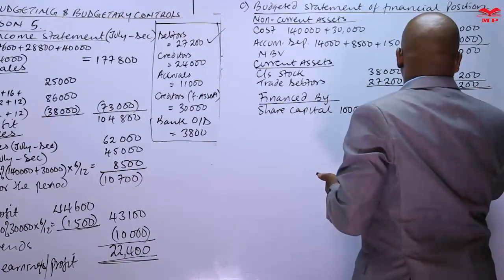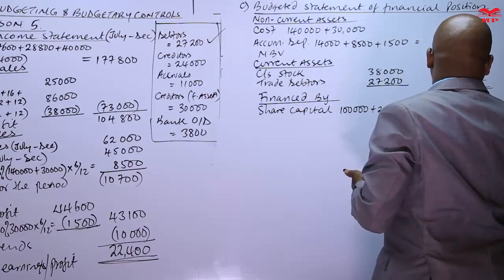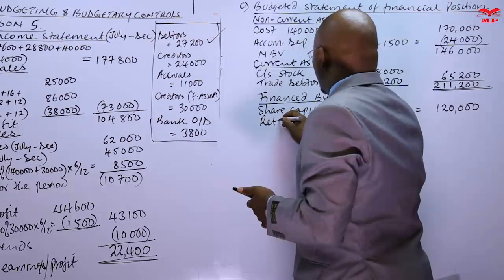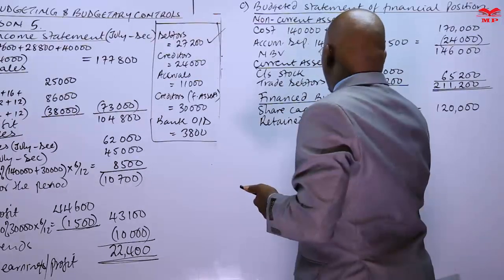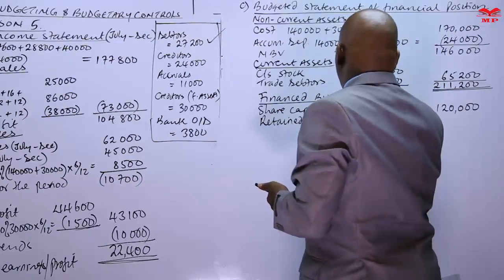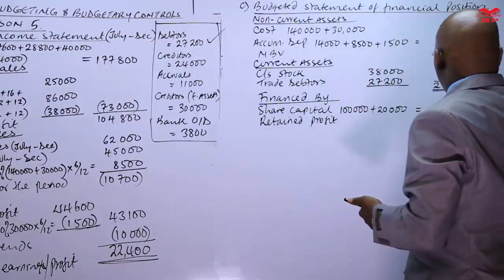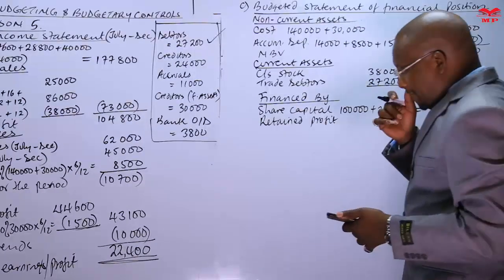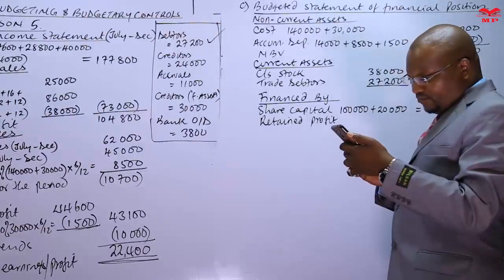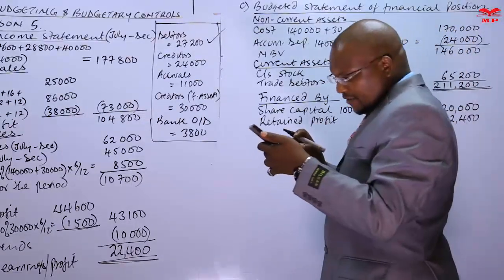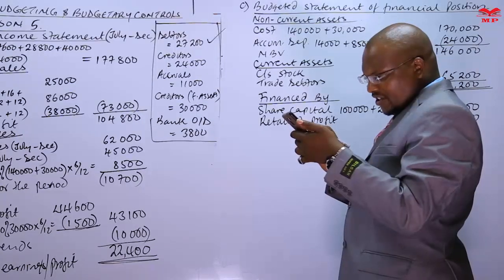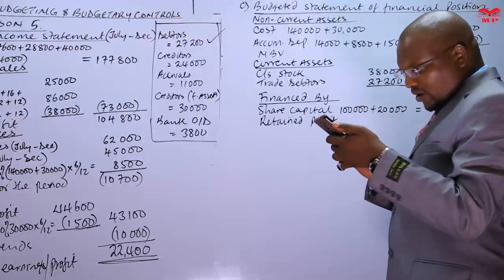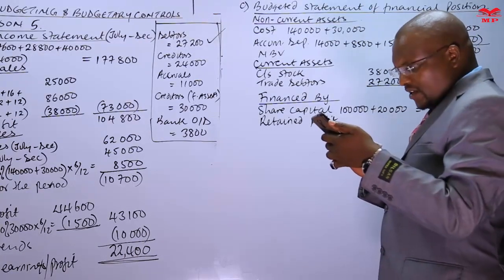Total is going to be 120,000 share capital. We have the retained profit, which you have just determined, 22,400. Do we have debentures? We didn't issue debentures, so that is all.